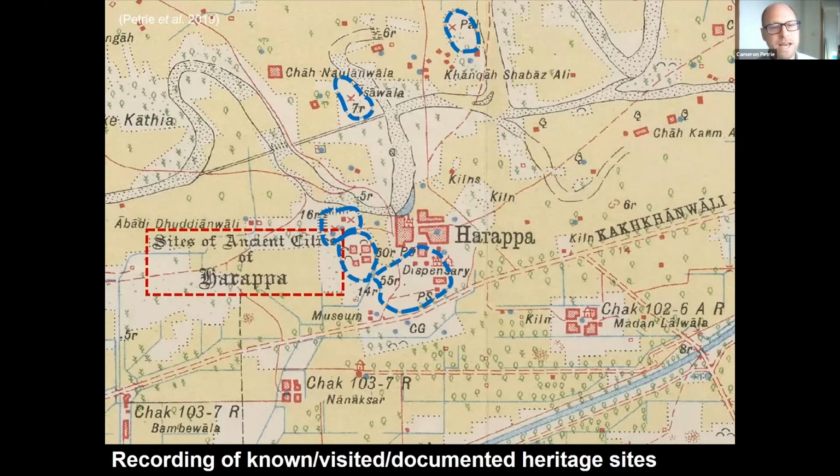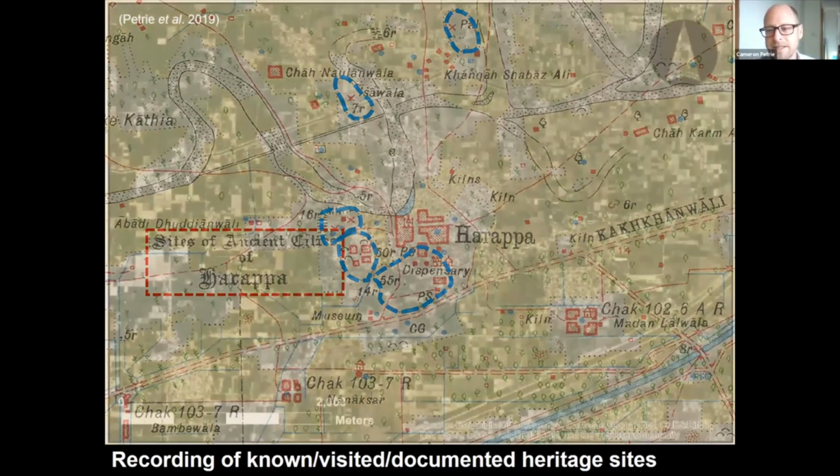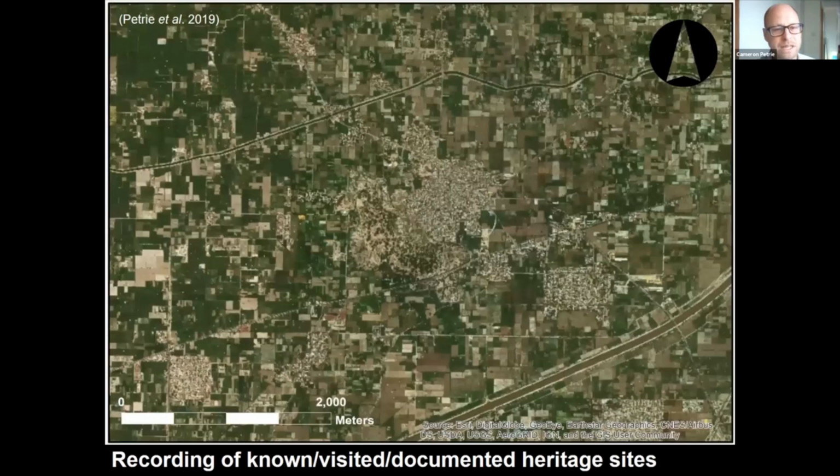If we look today at a satellite image, you can see that what we can see in the early part of the 20th century was the mounds at Harappa and various settlements you can see close by. And that landscape is actually broadly similar, but it's also much more densely occupied. And this is a very, very common characteristic of landscape change, especially as a result of the dramatic population increases in the 20th century and the early 21st century.